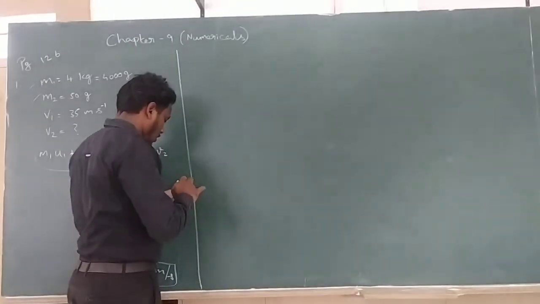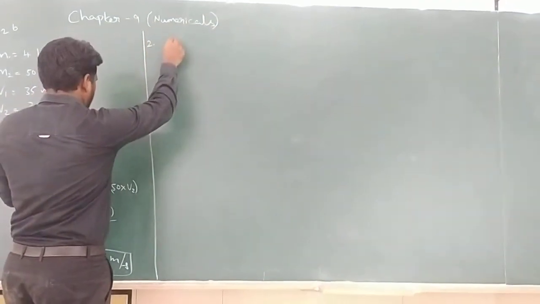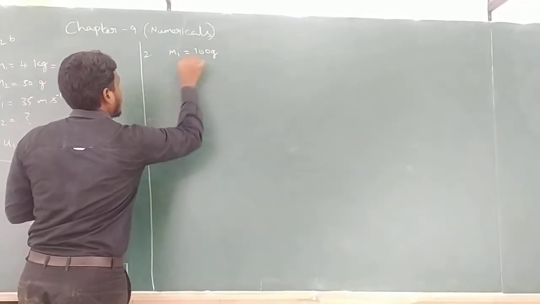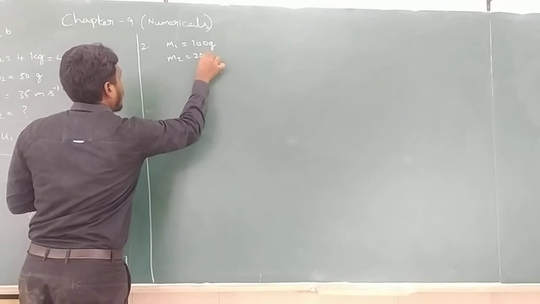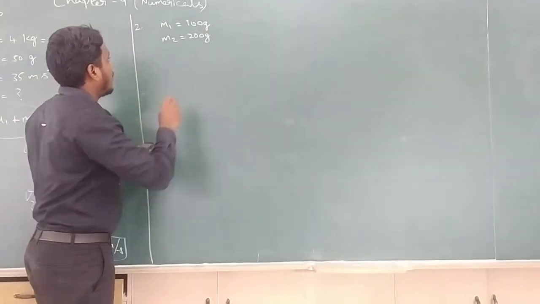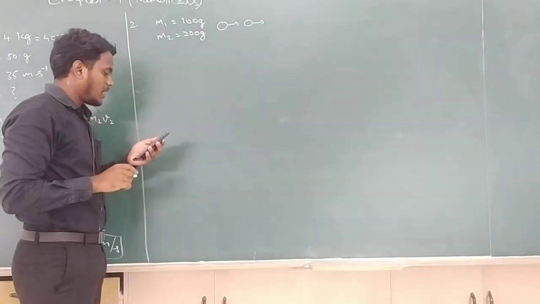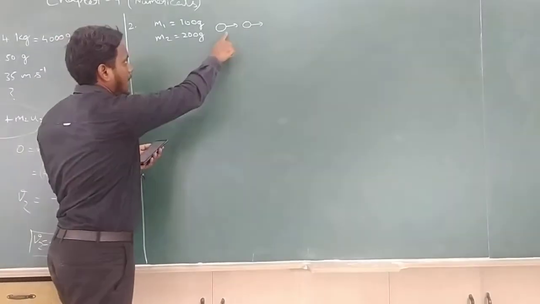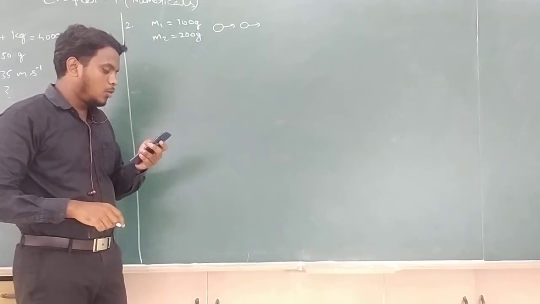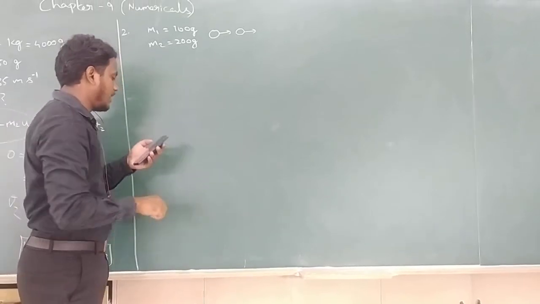Next, two objects of masses 100 grams and 200 grams. One equal to 100 grams, another one 200 grams, are moving along the same line and direction, and their velocities are 2 meter per second and 1 meter per second respectively.